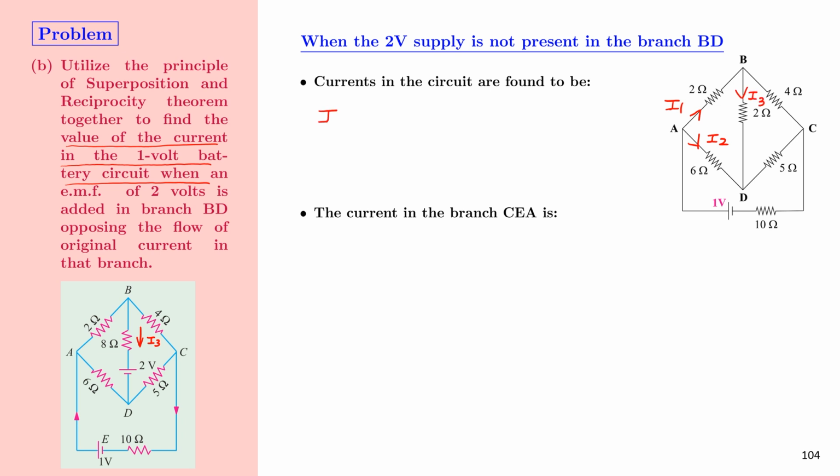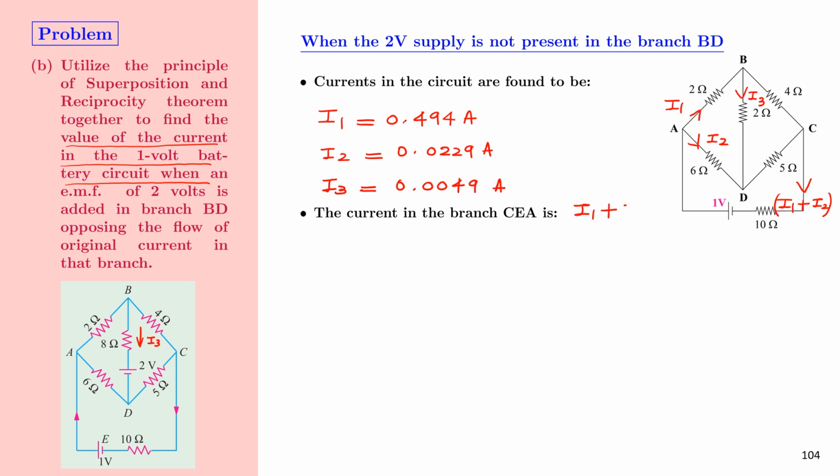We found those values as I1 equal to 0.494 amperes, I2 equal to 0.0229 amperes, and I3 equal to 0.0049 ampere.